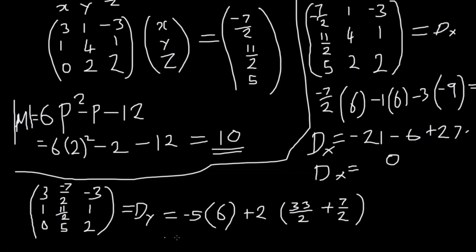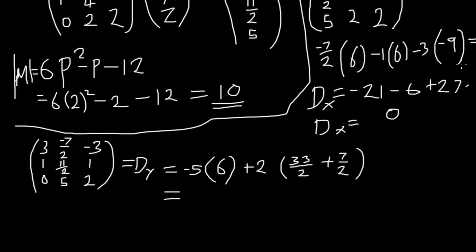When you find this, you add them. You are going to have negative 30 here, and then here you are going to have 20. It's going to give you 20 times 2, which gives 40. And then when you add the two, you get your answer to be 10. So this is what you're going to have.